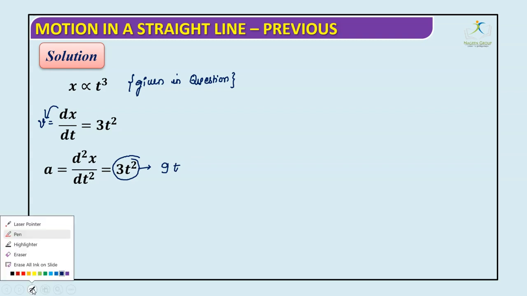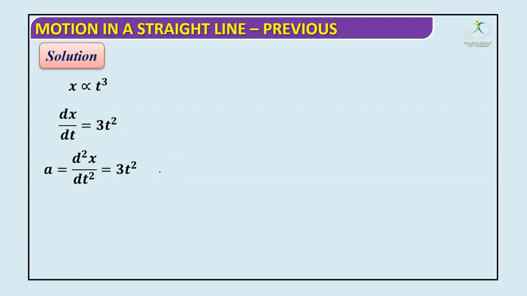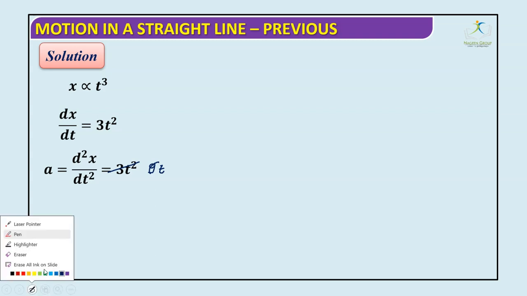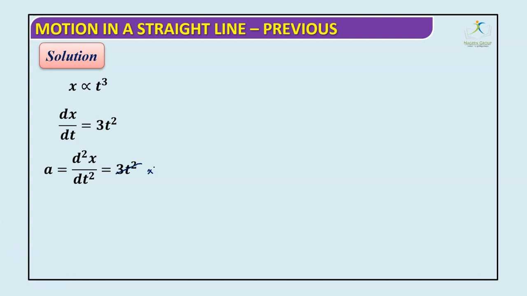Sorry, this will become 6t. Wait. Yes, after differentiation, this will become 6t. So there might be a printing mistake.